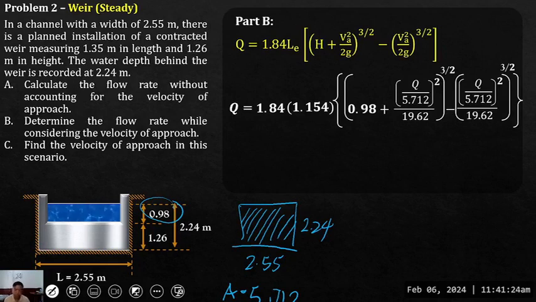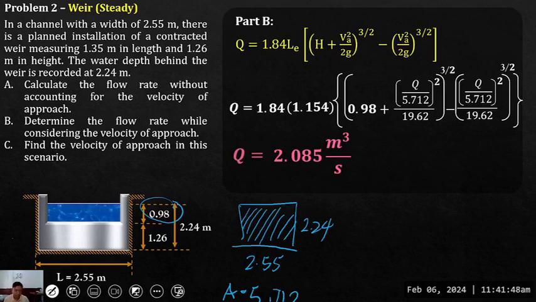So, yung value ng Q natin dyan is equal to 2.085 cubic meters per second. Yan na ngayon yung flow rate natin if we consider the velocity of approach.